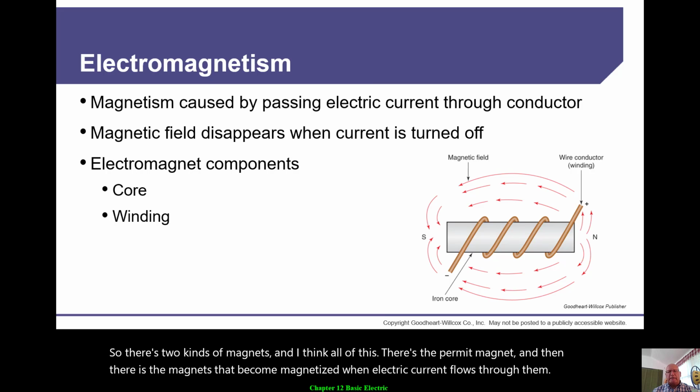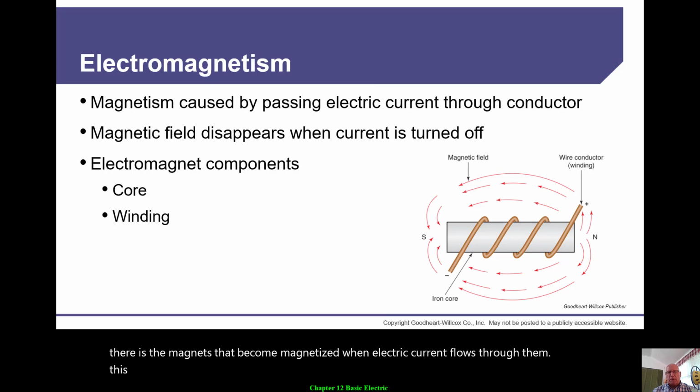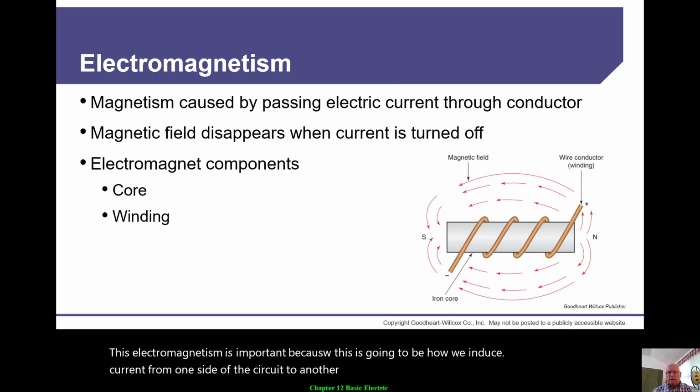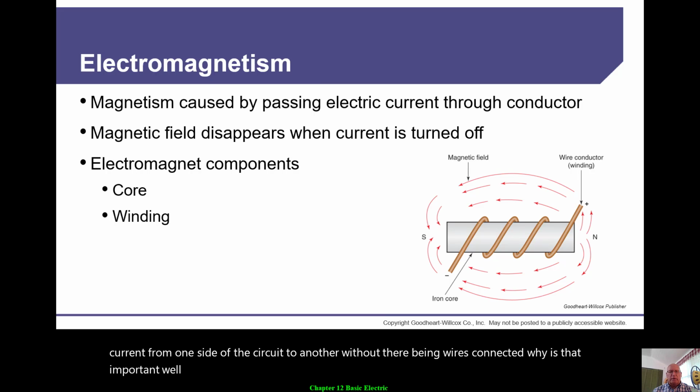This electromagnetism is important because this is going to be how we induce current from one side of the circuit to another without there being wires connected. Why is that important? Well, the reason why is that you could never get a motor to ever turn if they were wired. So we use that induction, that inducing of that current through there.